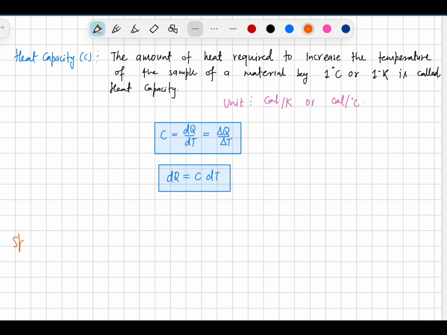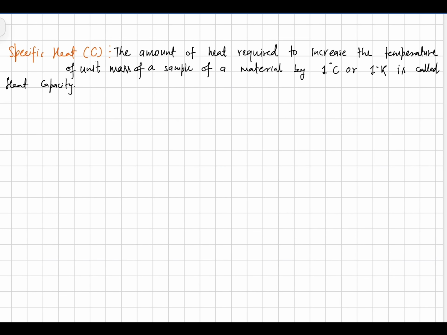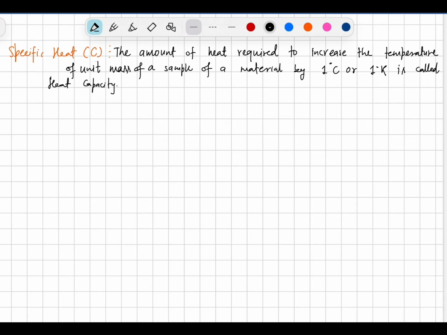Now the next similar point is the specific heat. It is the amount of heat required to increase the temperature of unit mass of a sample of material by 1 degree Celsius or 1 degree Kelvin. So that is called specific heat capacity. You just have to add unit mass in the previous definition.